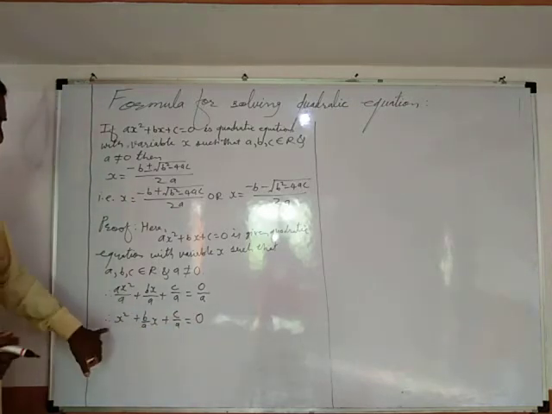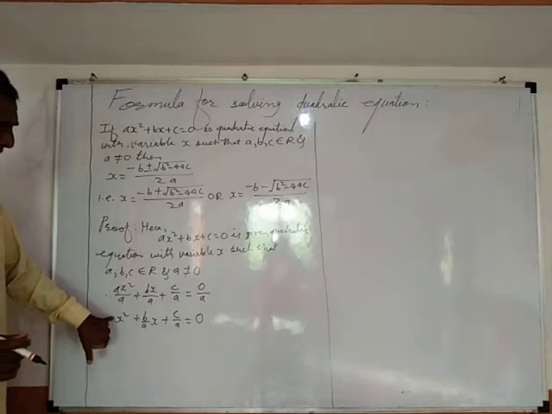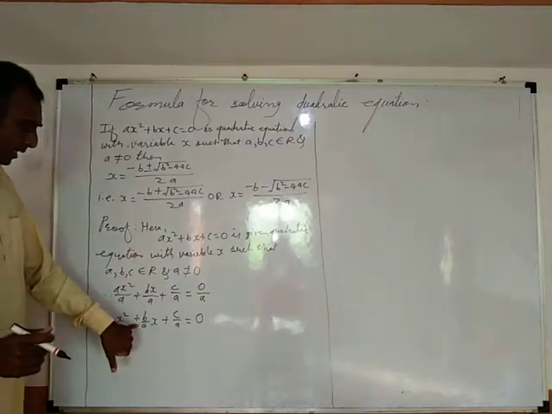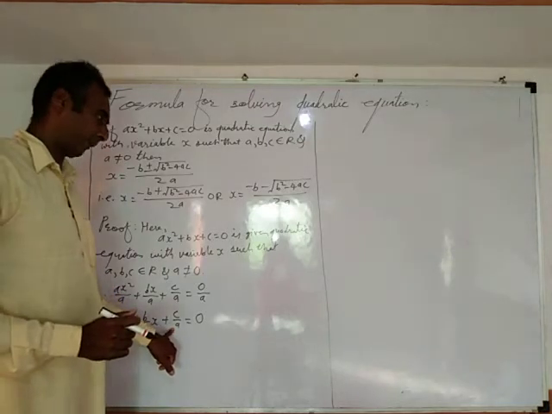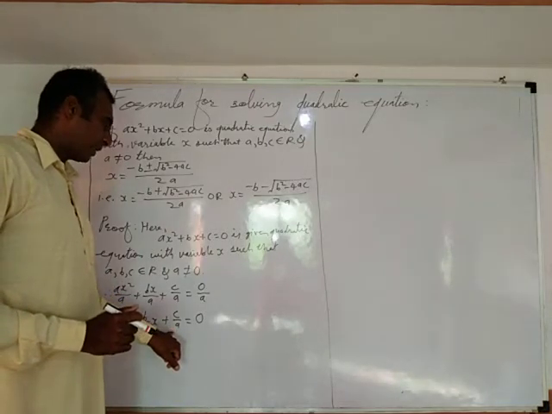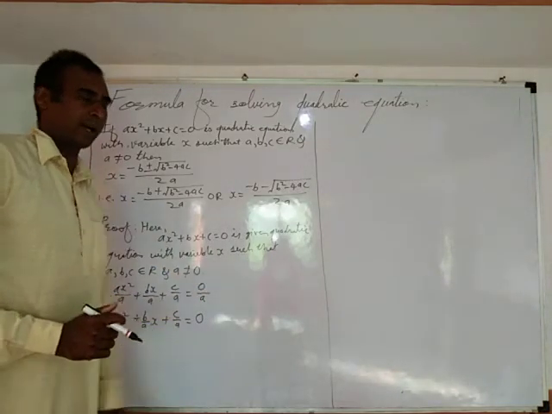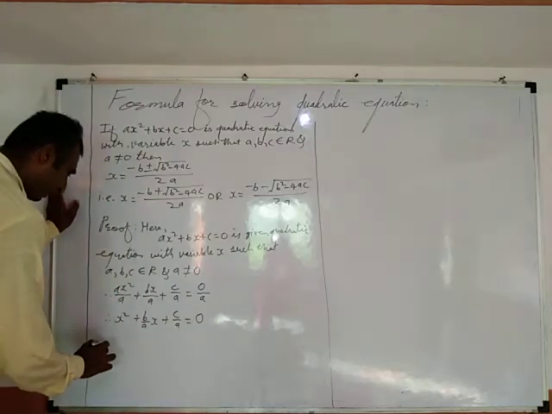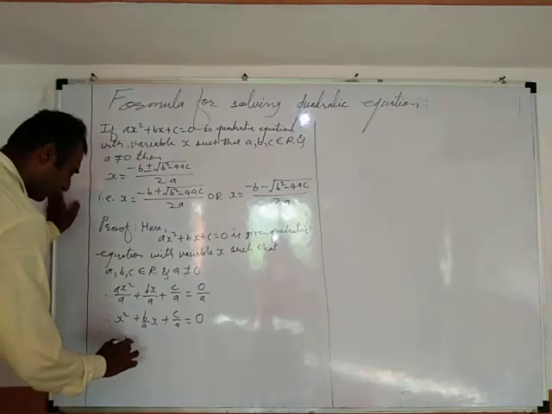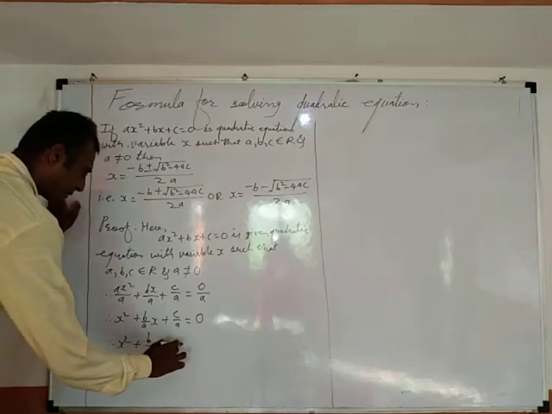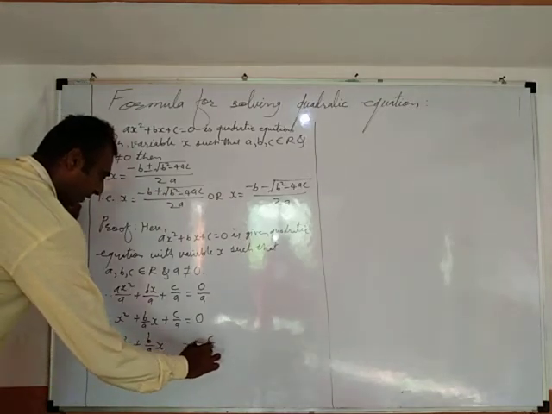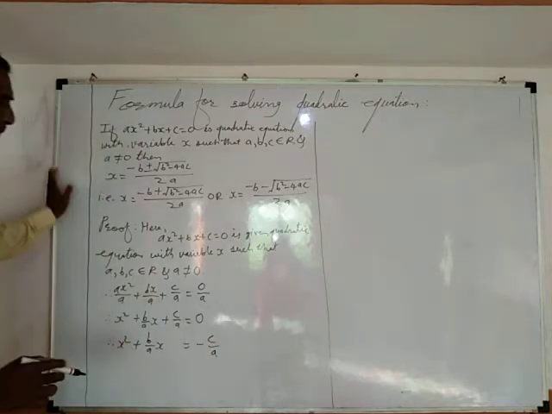Okay, now the coefficient of the quadratic term is 1, the coefficient of the linear term is b by a, and the constant term is c by a. Let's transfer that constant term towards the right side. Therefore, it becomes x square plus b by a x equals minus c by a.